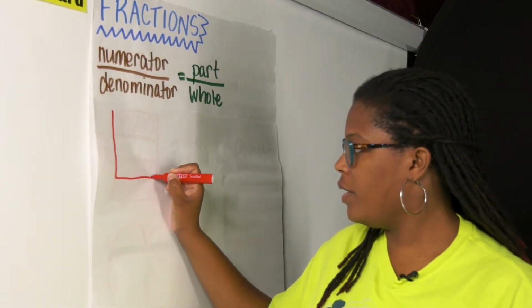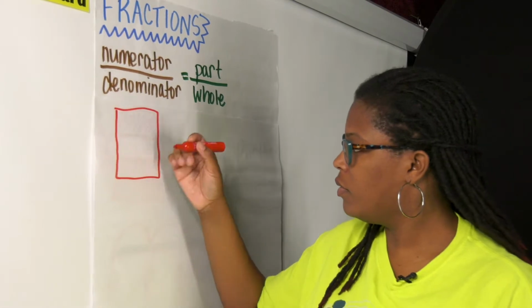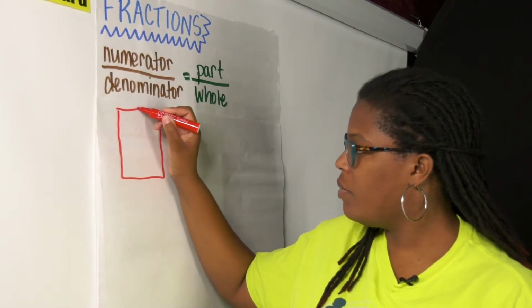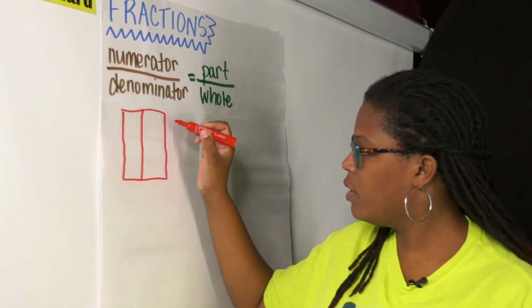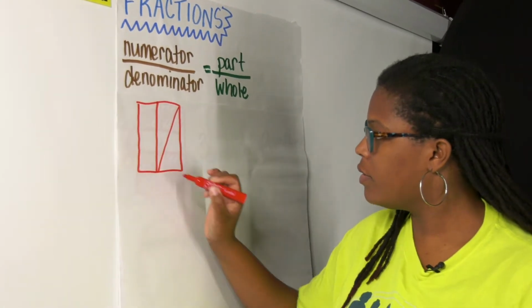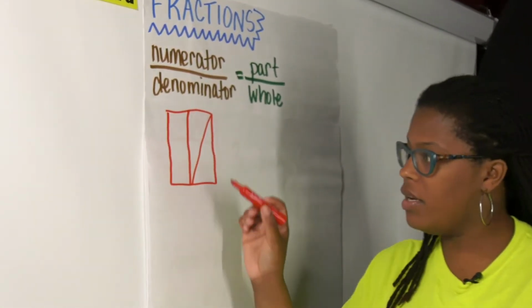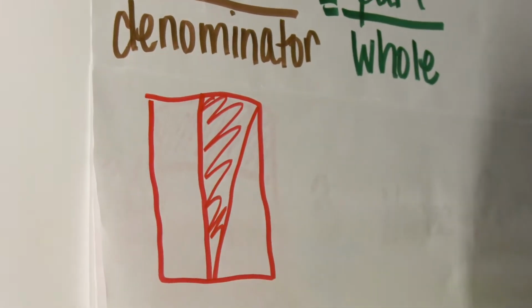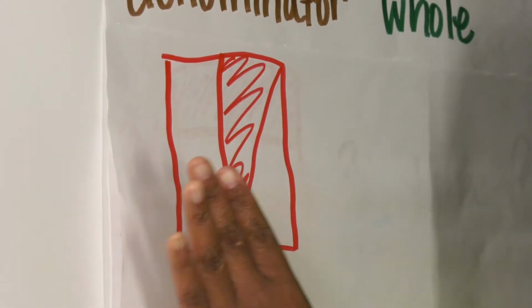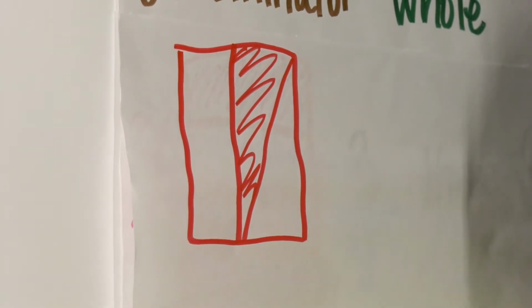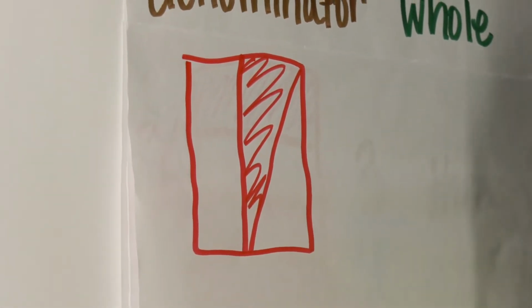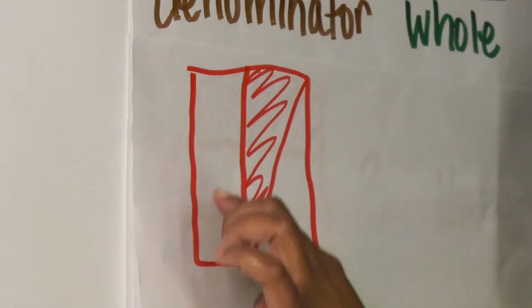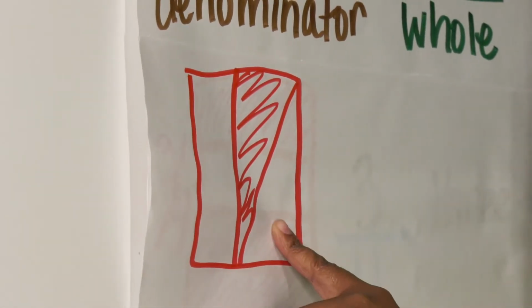If I had a square, and my square was split like this and then this, and I decided to shade this little piece there, this cannot be written as a fraction because it's not equal pieces. This is not equal to these two.